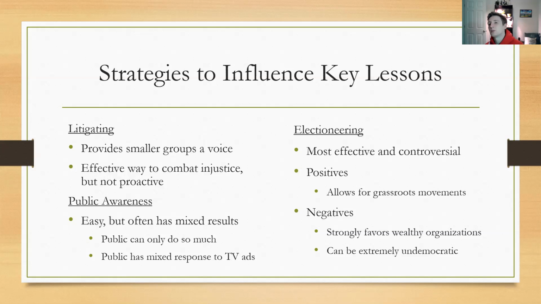And in the same way, it can be extremely undemocratic, because you are starting to narrow the amount of information that people have to make a decision, and in turn restricting their voices by restricting their focus, restricting the amount of information they have access to.